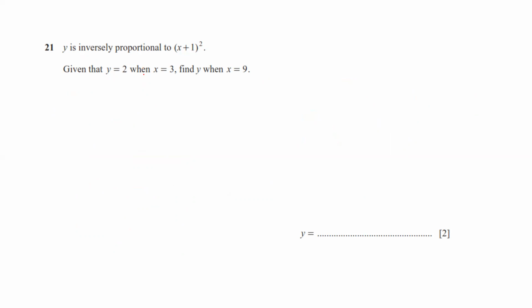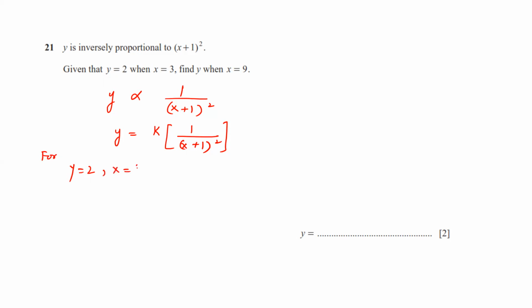Moving ahead, question number 21. It says y is inversely proportional to (x plus 1) whole square. Given that y is equal to 2 when x equals 3, find y when x equals 9. So y is proportional to 1 over (x plus 1) whole square. If I remove the proportionality sign, I will add the proportionality constant k. So y equals k over (x plus 1) whole square. Now put in the values y equals 2, x equals 3.